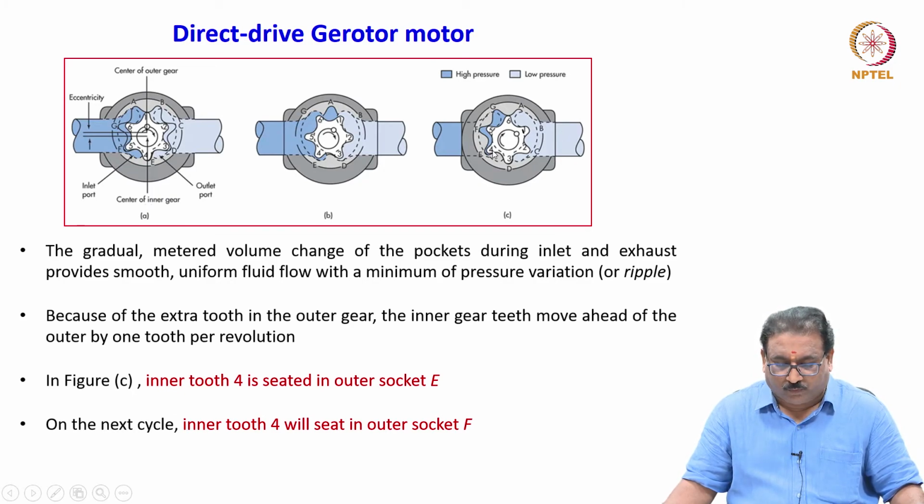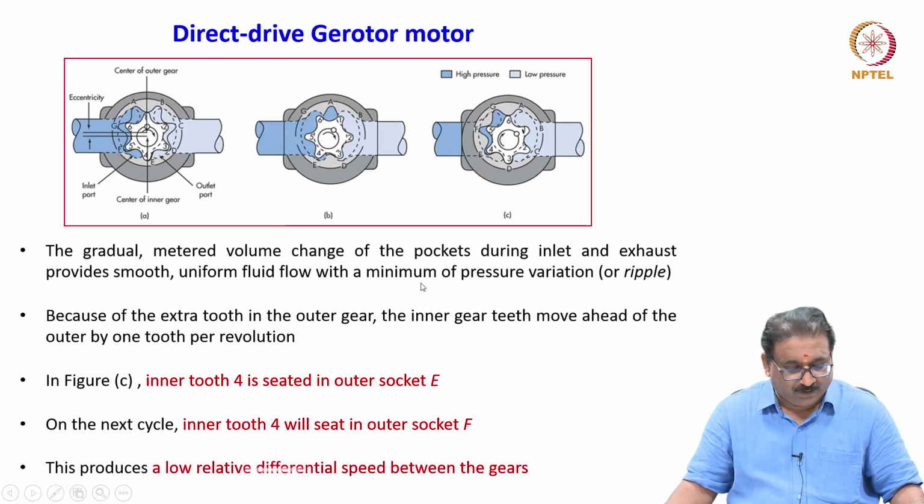The inner tooth 4 will sit in the outer socket F. It will go and sit here. This continues. The next cycle, it will go and sit in G. Like this it will do. This produces a low relative differential speed between the gears.